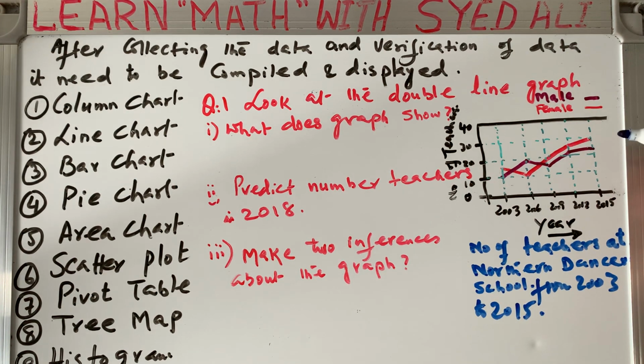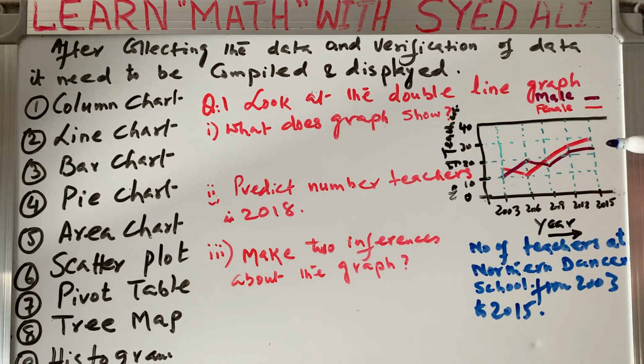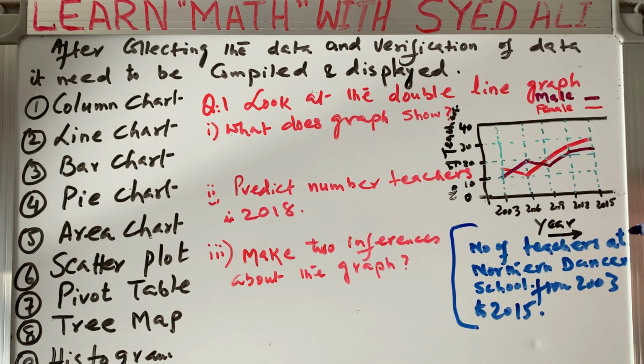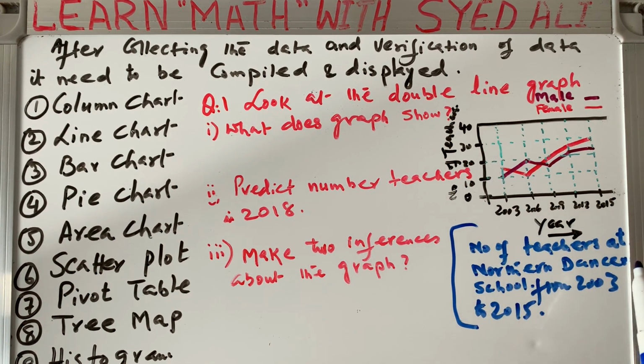In this way we can read the graph and get exact quantities. This is the title of the graph, and there must be a title for each compiled data: number of teachers at Northern Dancer School from 2003 to 2015.